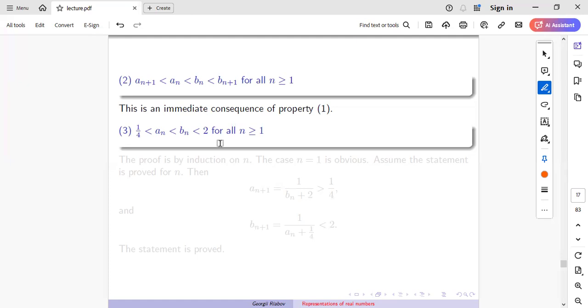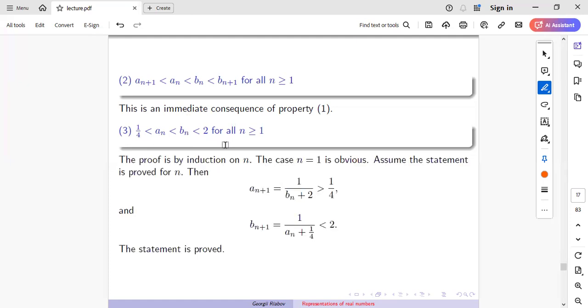Now let's check that all numbers An and Bn are less than 1/4 and bigger than 2. Recall A1 is 1/3, B1 is 4/3, so it holds for n equal to 1.